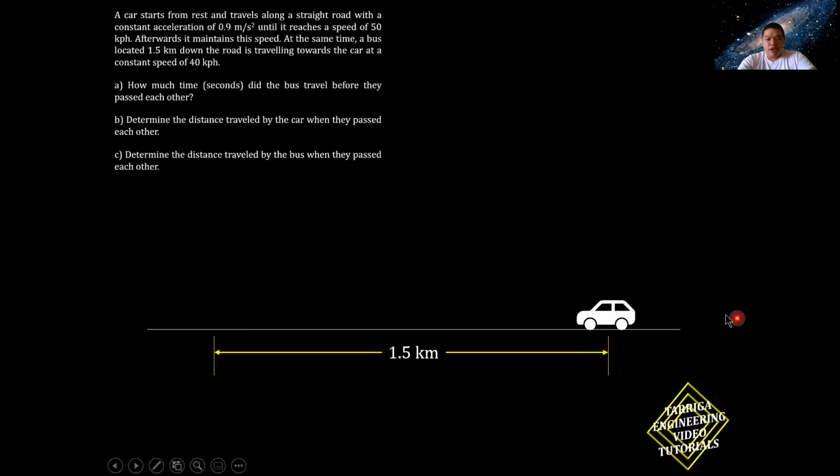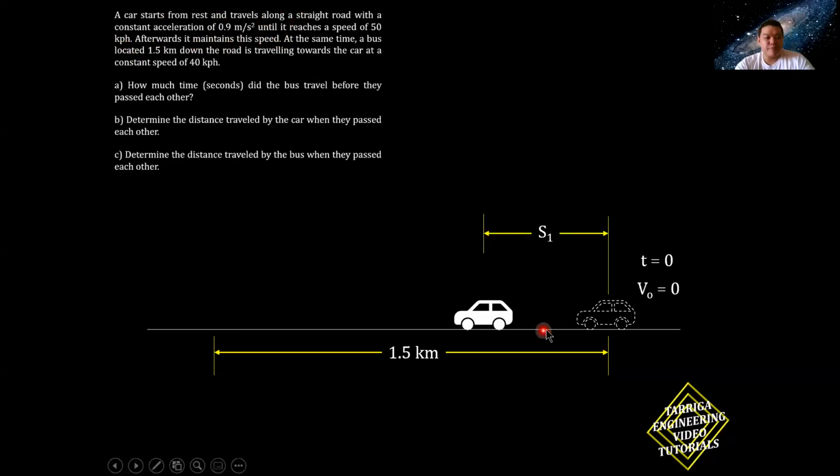Like this. The car moves from 0 initial speed, becoming 50 kilometers per hour. It says here that it travels along a straight road with a constant acceleration and reaches 50 kilometers per hour. So of course, when it reached 50 kilometers per hour, it has a distance traveled. Let's call that S1.